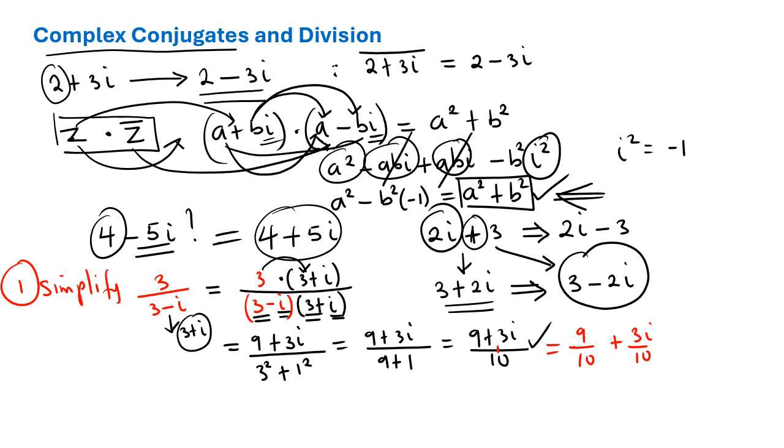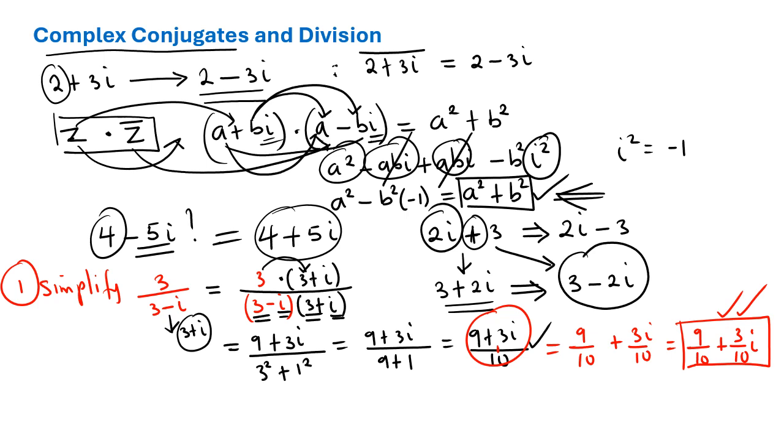So my final result is 9 over 10 plus 3/10 i. This is now in standard form. If I stop before this, I am close, but not close enough to the final. The final is to write your result in standard form.